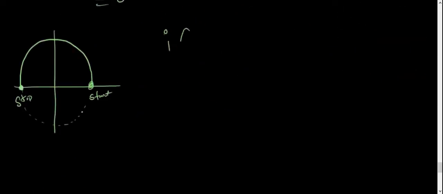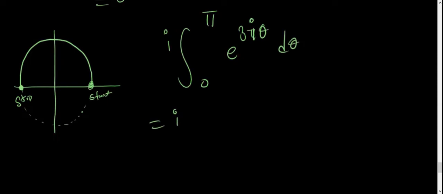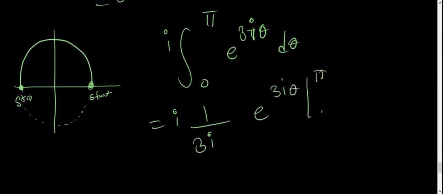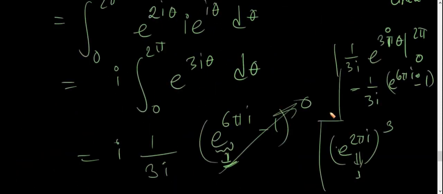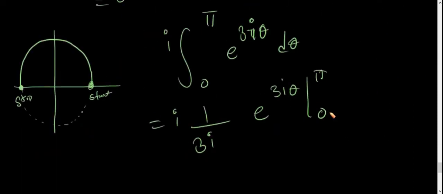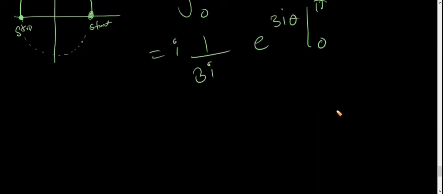So if you just do it like this, 0 to pi, e to the power 3i theta d theta, you will have i times 1 by 3i e to the power 3i theta from 0 to pi, right? So now you just have to put your values in instead of thetas.